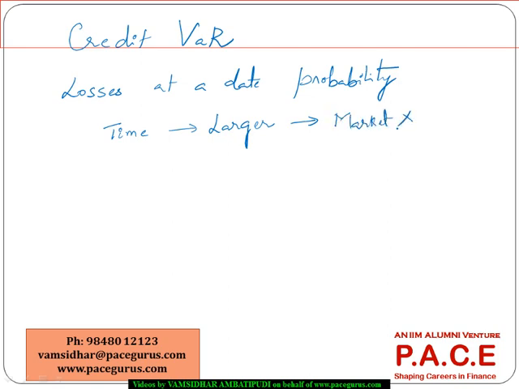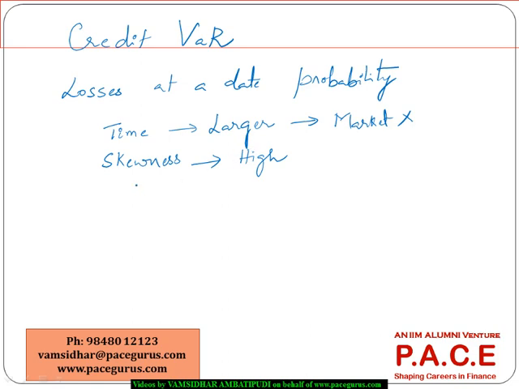We may look at a shorter time frame for market-related risks. And also there is a lot of skewness in credit risk. The returns for market risk are expected to follow more or less a normal distribution, whereas in the case of credit risk we see that the skewness is very high.